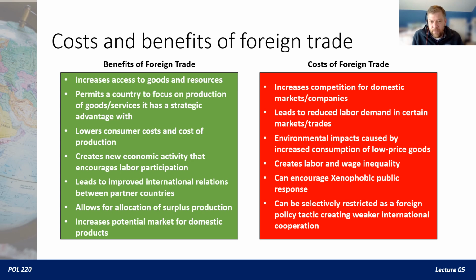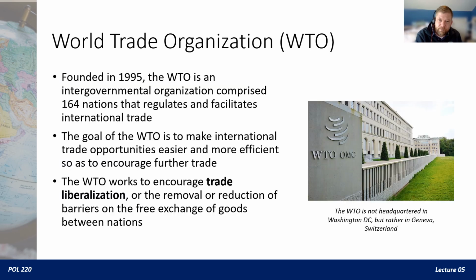And international trade can be selectively restricted as a foreign policy tactic, which creates challenges related to cooperation, right? Our primary weapon against Cuba historically, the United States has been essentially a trade blockade with that country, and that has contributed to greater tensions between these two countries over time.